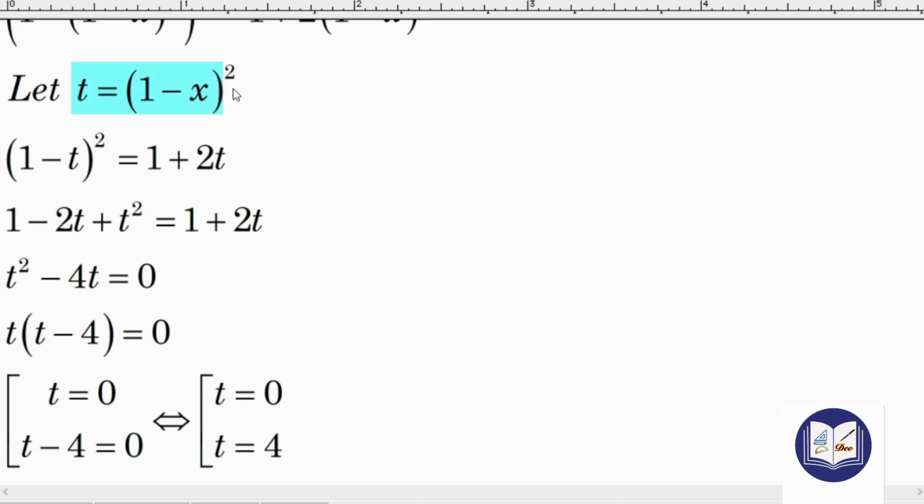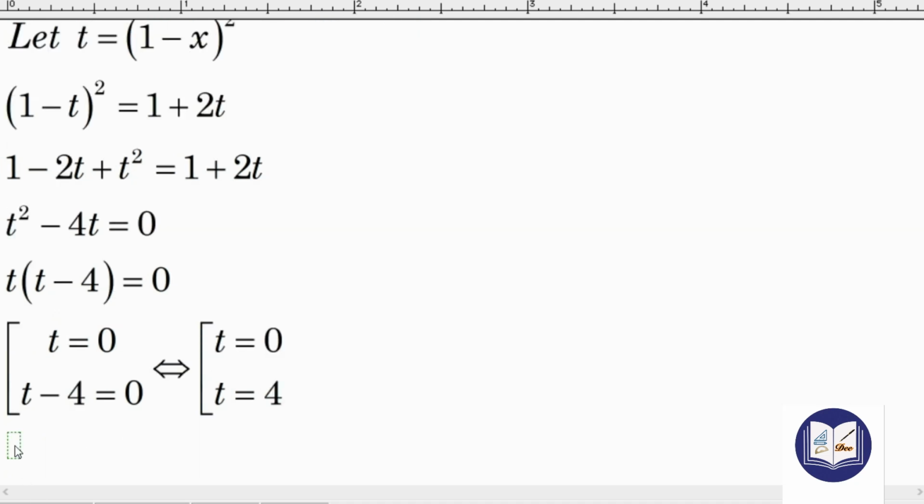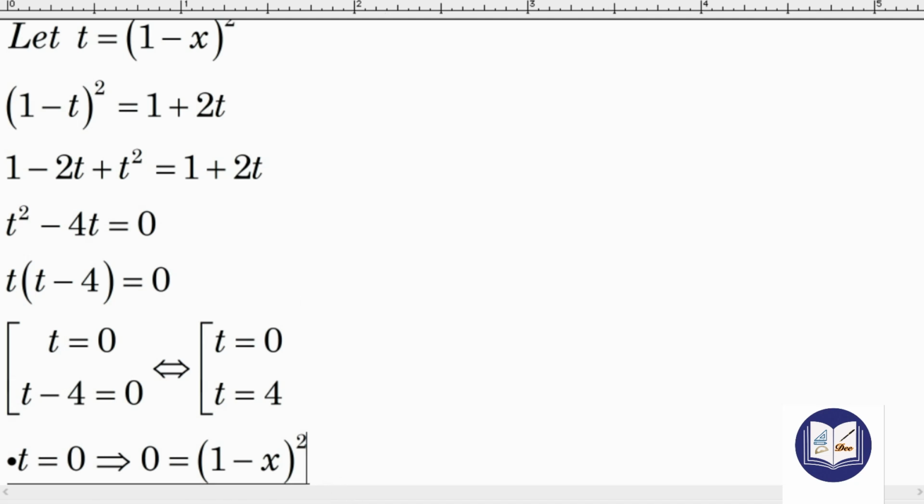Here we have t equal to (1 minus x) squared. Now we have to find the values of x through the following values of t. When t equals 0, that implies we have 0 equal to (1 minus x) squared, which is equivalent to x equal to 1.